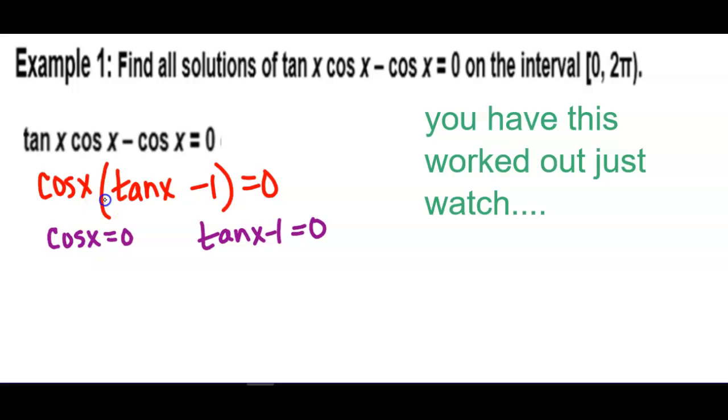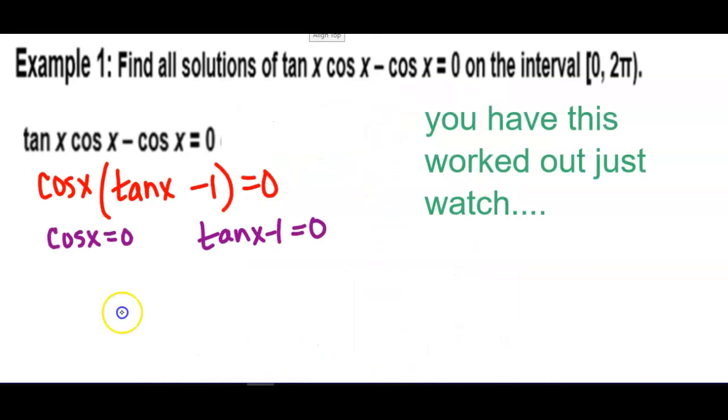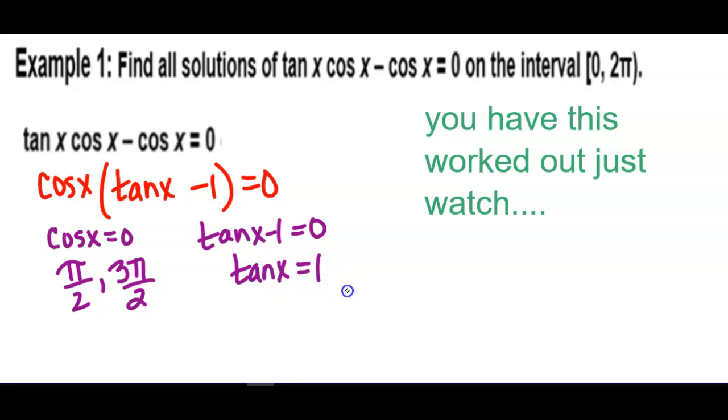The cosine is 0. Well, you look at your unit circle and you say the cosine is 0 up here and down at the bottom, so pi over 2 and 3 pi over 2. And the tangent, we can solve this, add 1 over to the other side. The tangent is 1. Tangent always takes a little bit of thinking because it's not on our unit circle, but whenever the x and y are the same, then the tangent is 1.